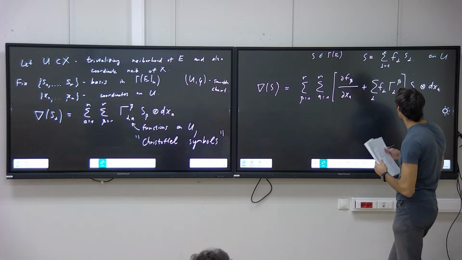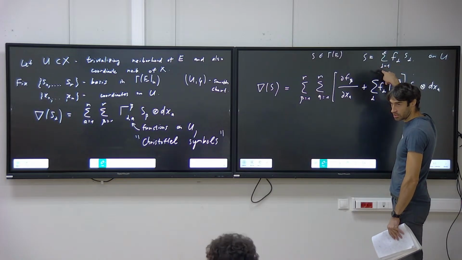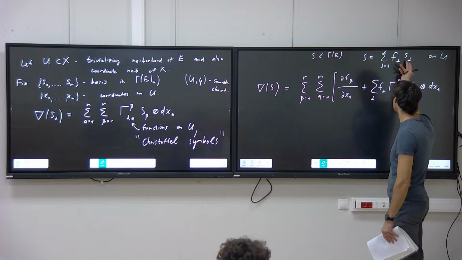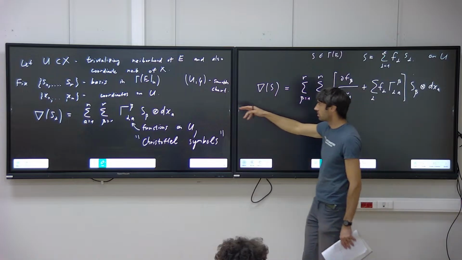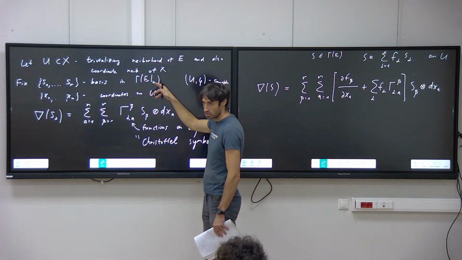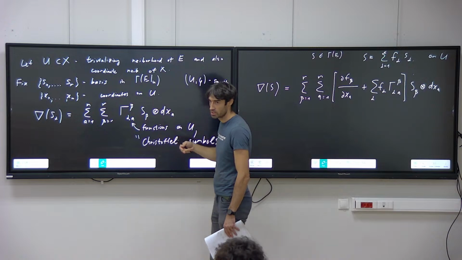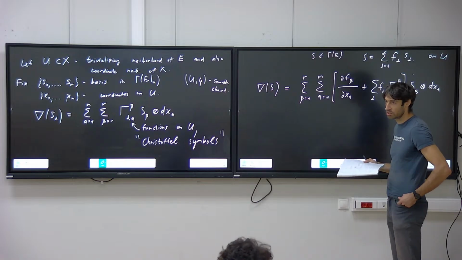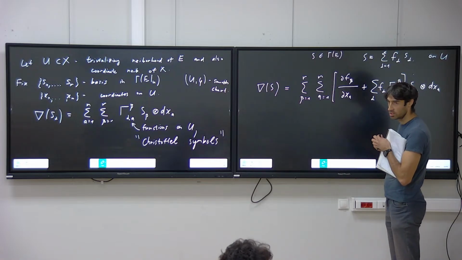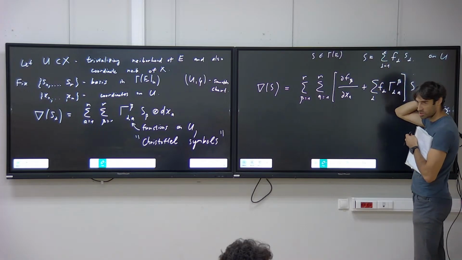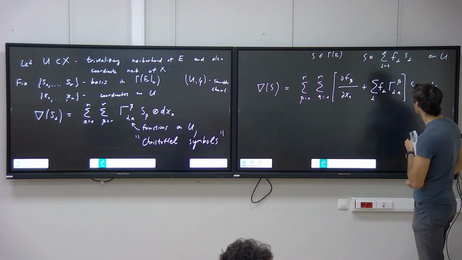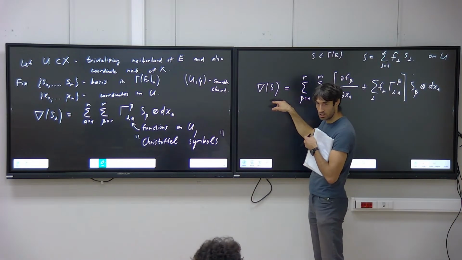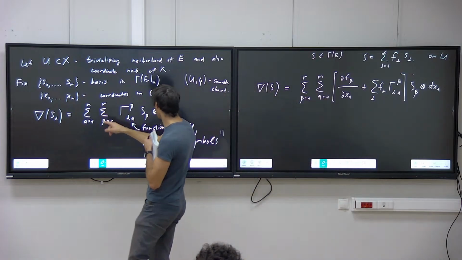So you see, I take this, right? Why is it said that this is on U? Well, because this is a basis only over U. It's not a global basis; it's a local basis. So I need to restrict S and then decompose it in this basis. So this is the decomposition of the restriction. I don't write the restriction so as not to carry a lot of symbols, but I take this, put it inside here, and then use the Leibniz rule.